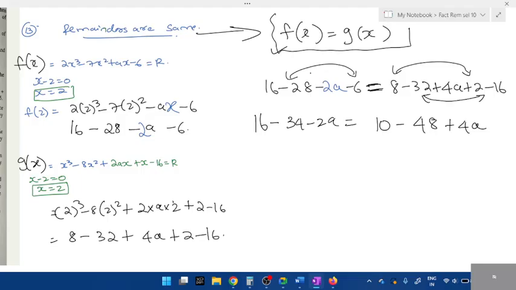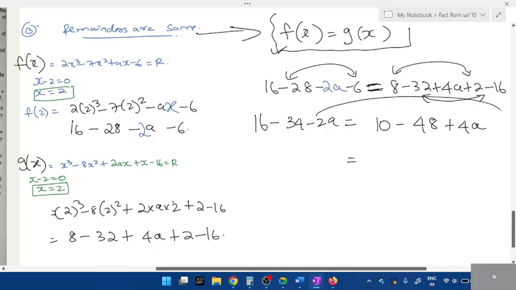Shall I solve? All of you will complete it? See here, if you're getting confused while solving, which is greater, minus 2a or 4a? Which one is greater? 4a, right? And 4a is positive, 2a is negative. So what you do is shift this 2a to the other side. What is 4 plus 2a?